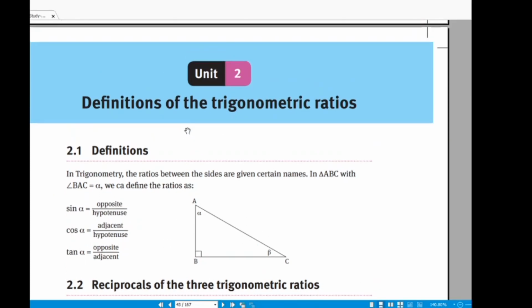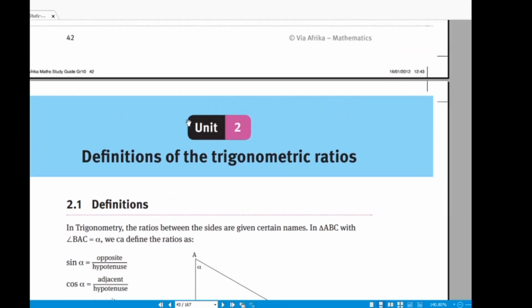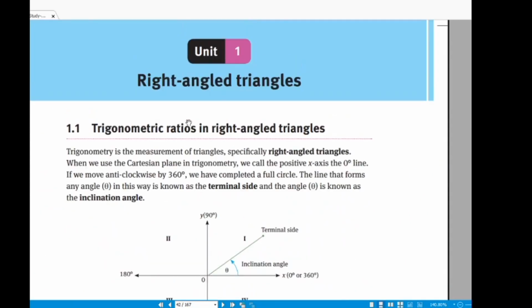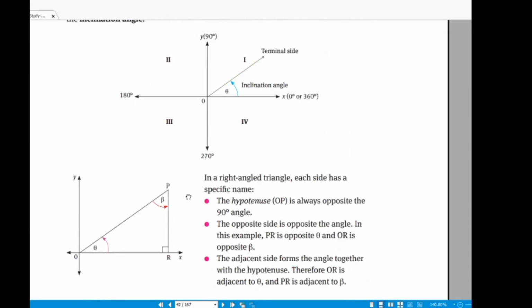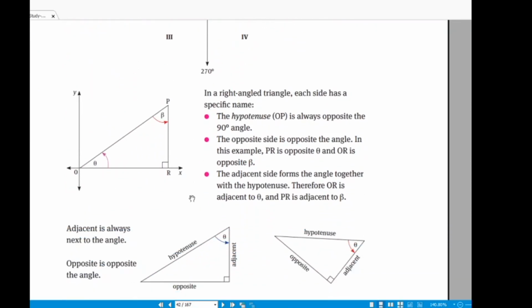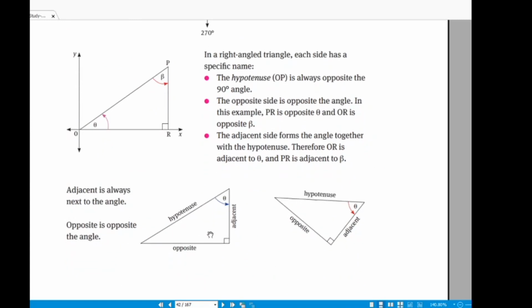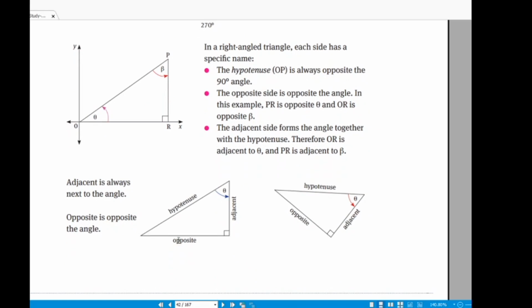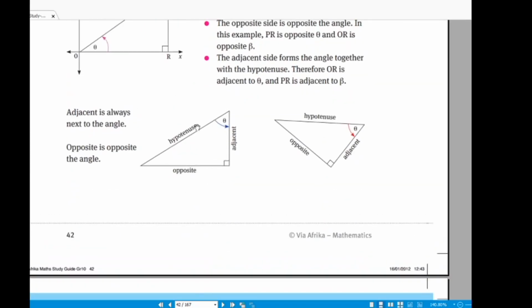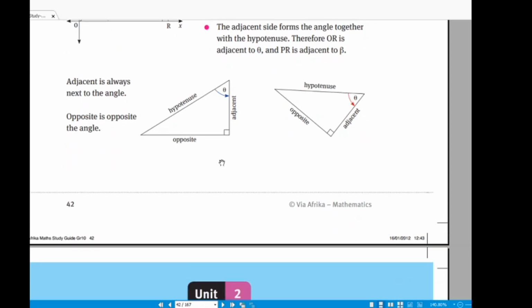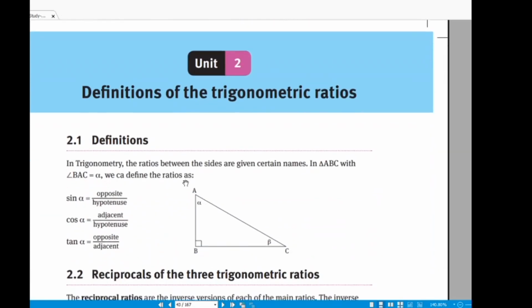When we started our lesson on trigonometry, we first introduced a right angle triangle and then defined the sides. In a right angle triangle you have the hypotenuse, and from the point of view of angle theta you have an adjacent side and a side opposite to that angle. We use these definitions to define trigonometric ratios.